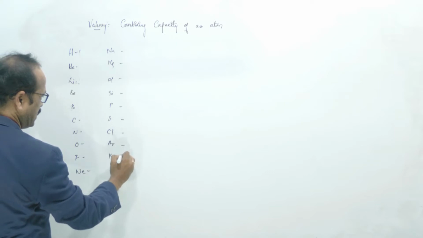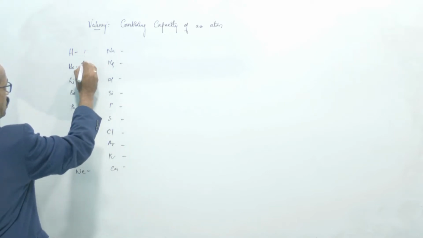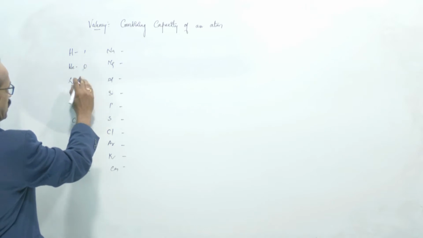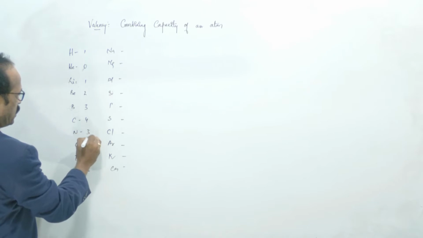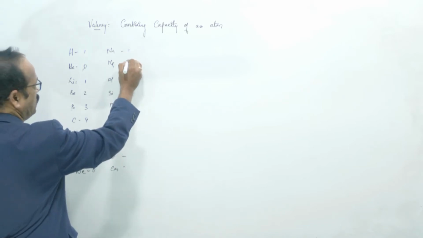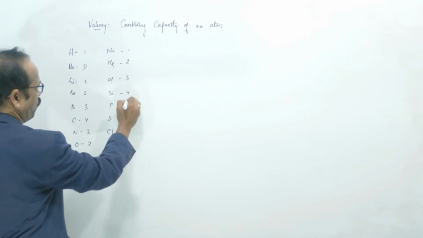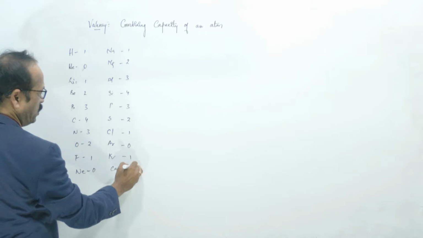Students, valencies mean combining capacity. I am writing the valencies: 1, 0, 1, 2, 3, 4, 3, 2, 1, 0, again 1, 2, 3, 4, 3, 2, 1, 0, 1, 2.